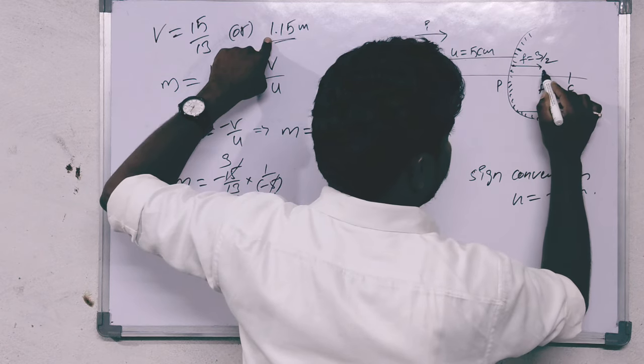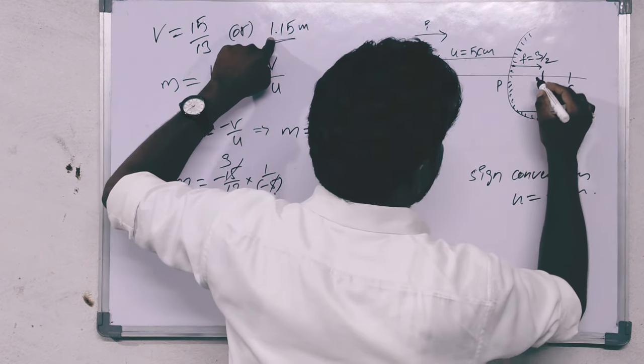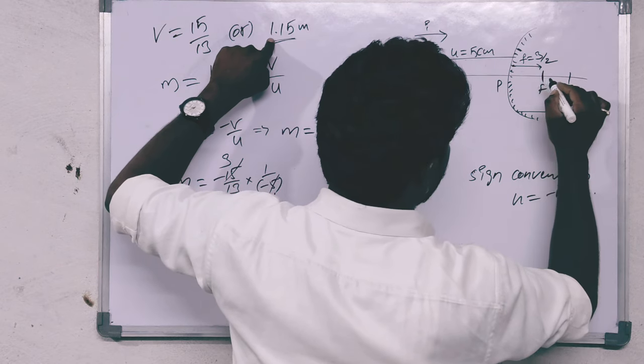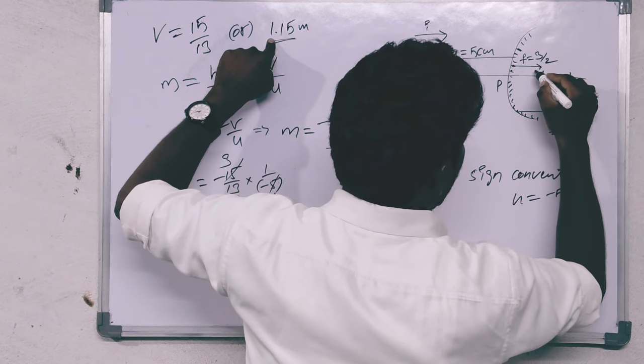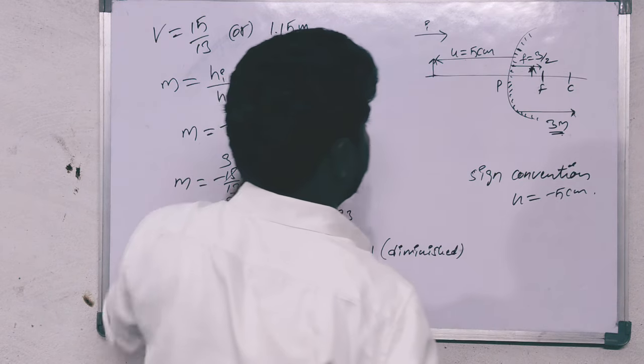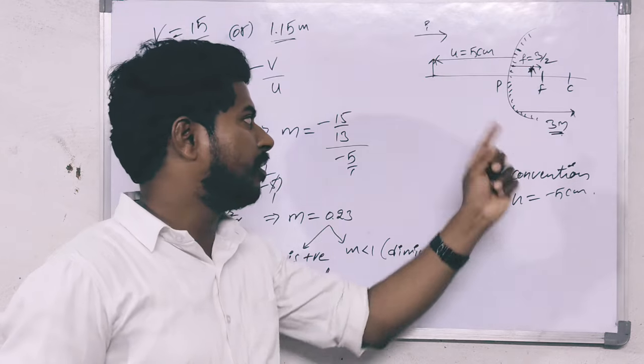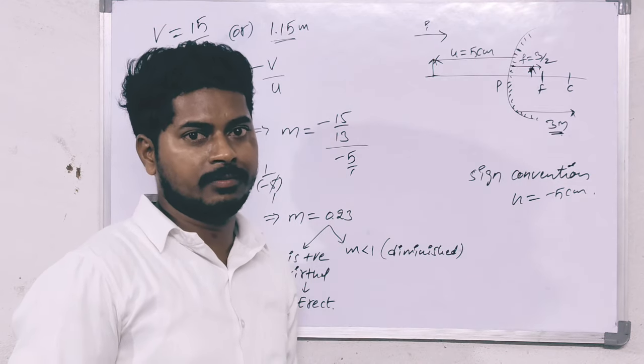Our image distance is 1.15, so definitely it should be formed here. Yes, we got the image behind the mirror, in between the pole and the focus.